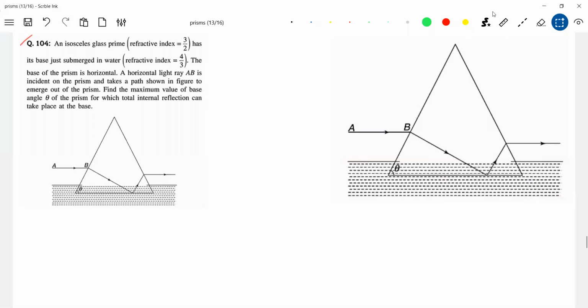Let's take a situation like this here. This is a normal, and here one more normal.